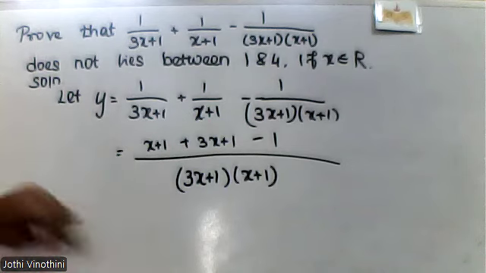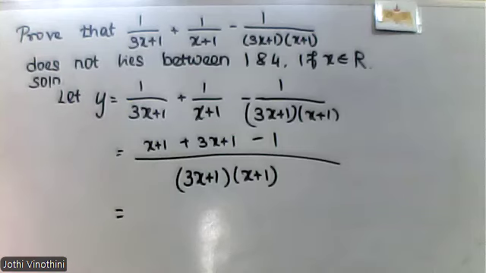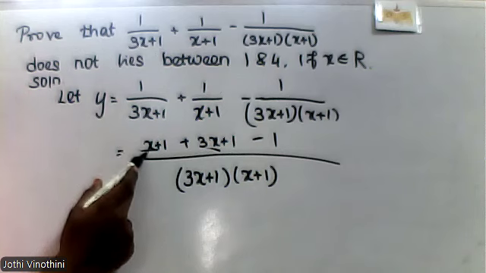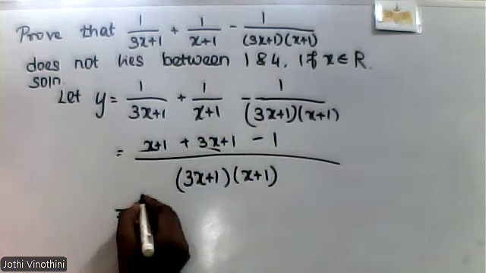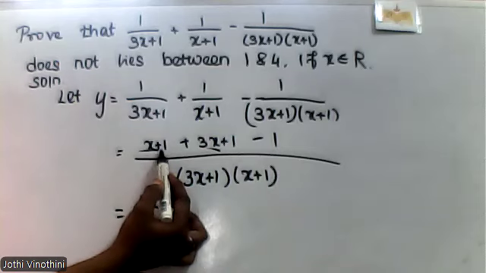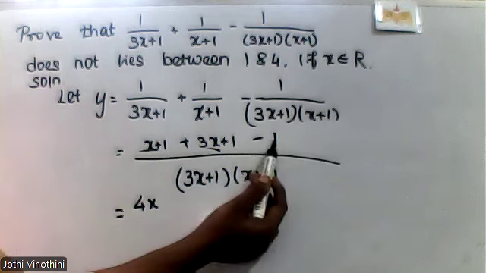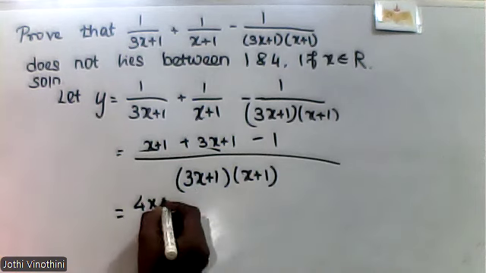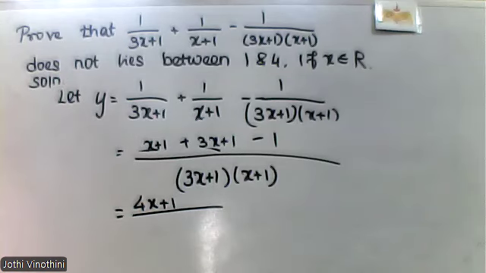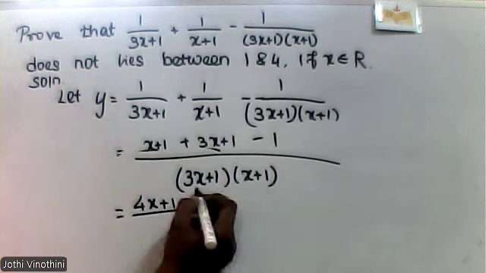Shall we simplify this? Yes. So here it is positive x, here it is positive 3x. So it will become 4x. Here it is 1, here it is 1. So 1 plus 1, 2. 2 minus 1 again, plus 1 divided by, we can multiply this. So I am going to multiply this term by 3x.